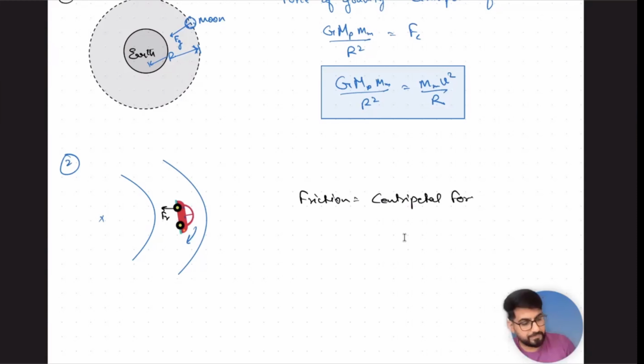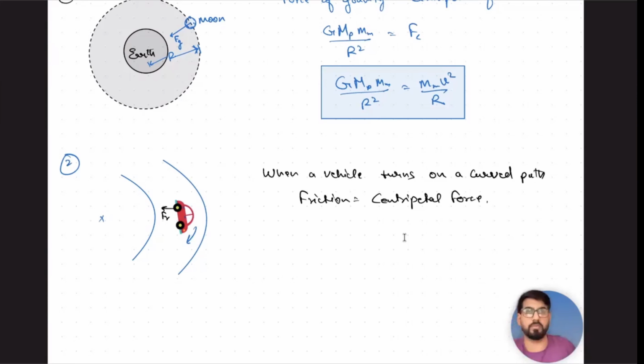When a vehicle turns on a curved path, what is the formula for friction? We already discussed this in 8.2. Yes, nu times Fn is equal to mv square over r, where m is the mass of the car.